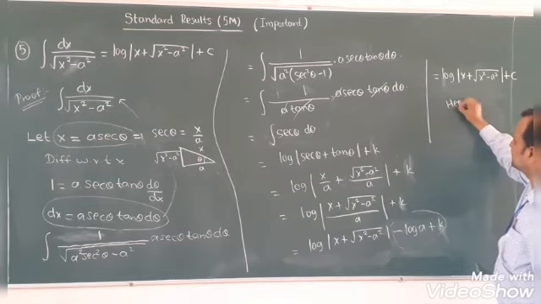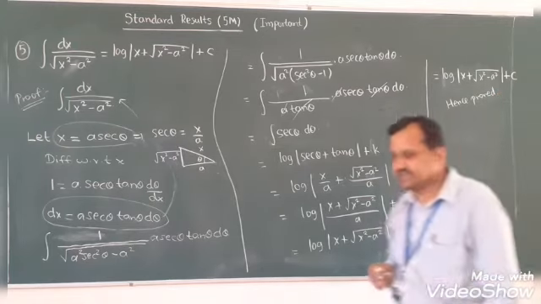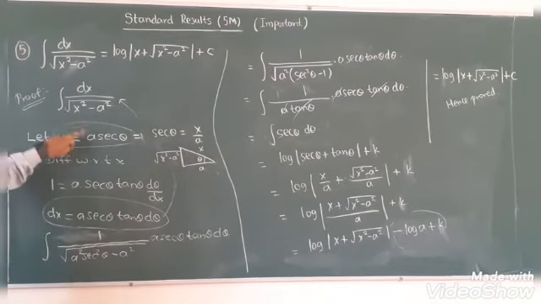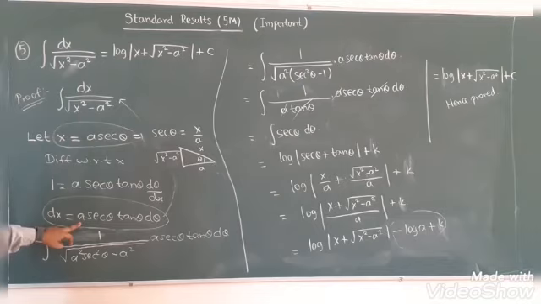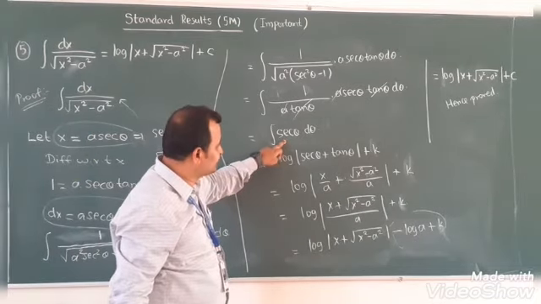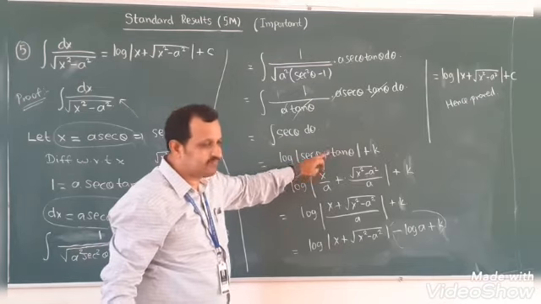So here we can say hence. This result is somewhat lengthy. See the proof once again. Let x is equal to a secant theta. Differentiate, you will get a secant theta tan theta. Put both the values in this. So you will get secant theta. What is integral of secant theta? Log of secant theta plus tan theta plus k.